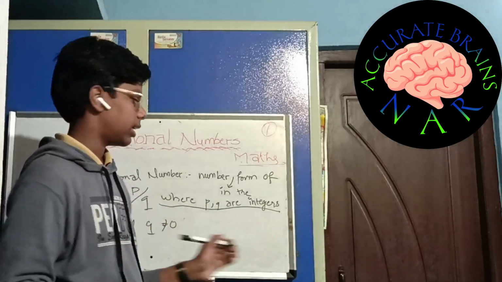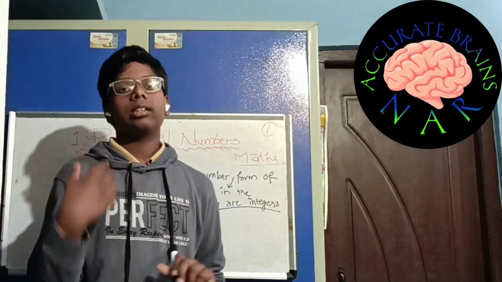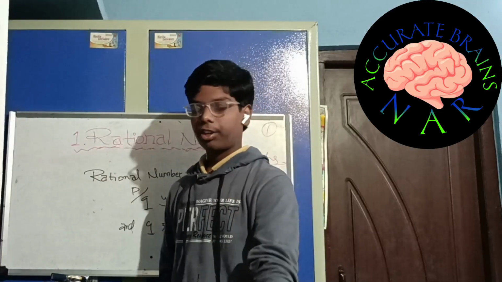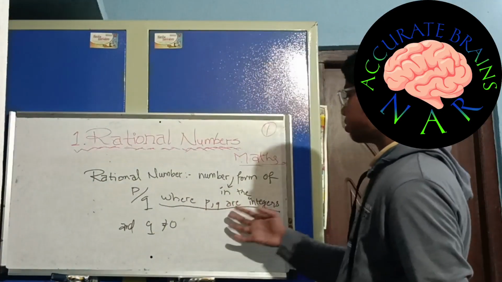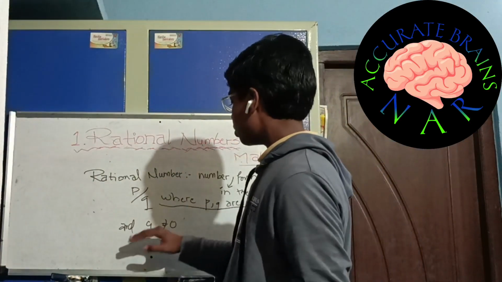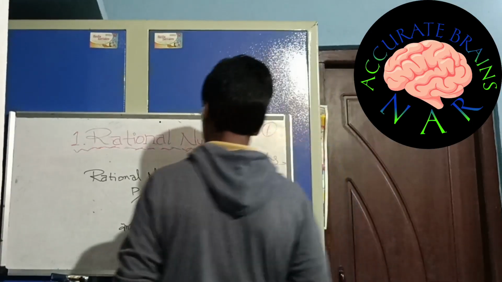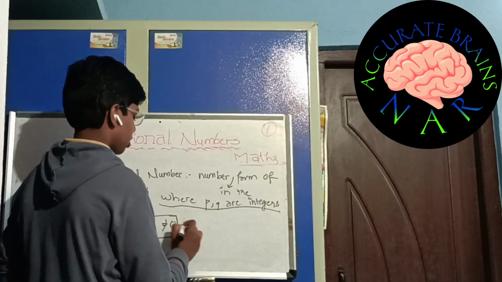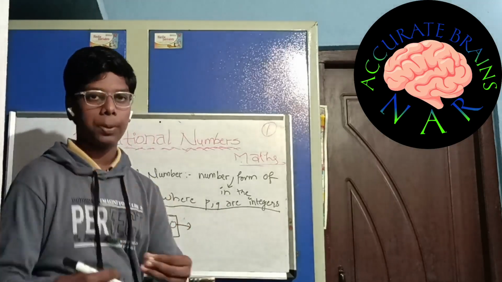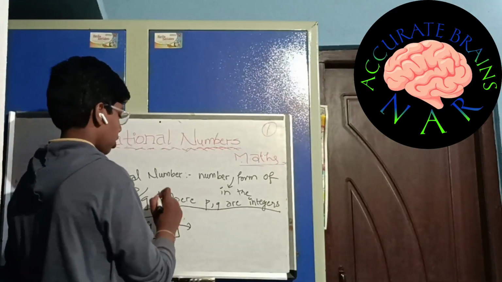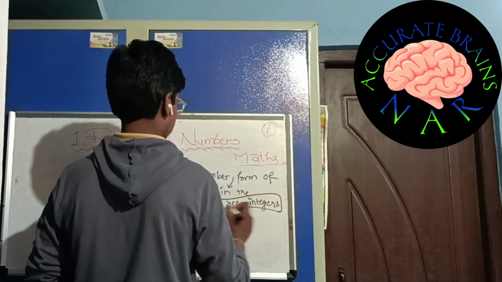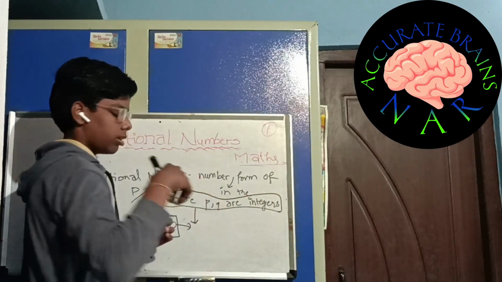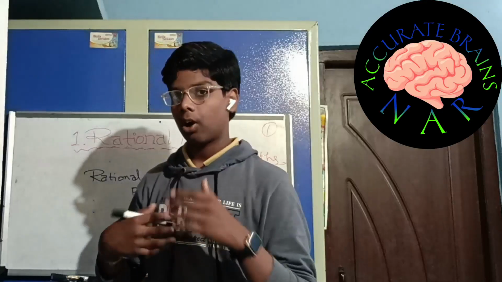Integers are numbers like -7, -10, 1, 2, 3, 4, 5, 6, 7, and so on. But Q is not equal to 0. This is the main part of a rational number. We have to take these as the two properties to verify whether it is a rational number or not.